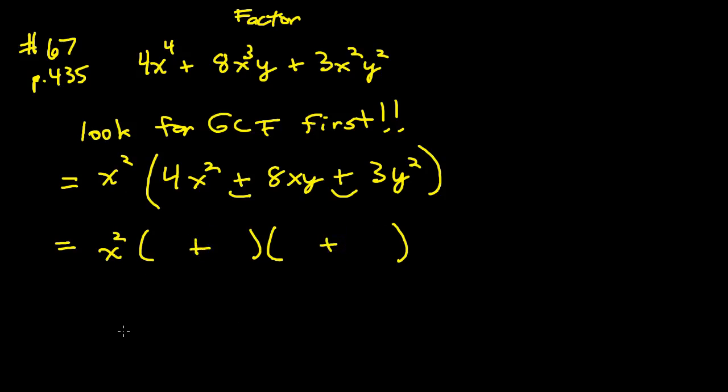All right, so what's going to work here? Well, I think I see 2x. Let me try 2x and 2x in the first slots. 2x times 2x is 4x squared, so that checks out. The last products have to be multiples of y squared, and 3 is prime, so I need either 3y and y in the last slots or y and 3y in the last slots, right?